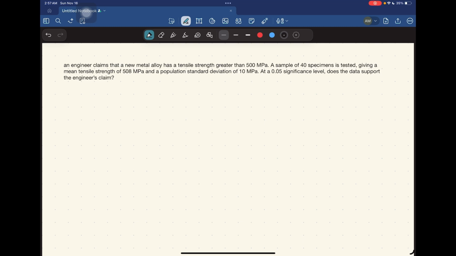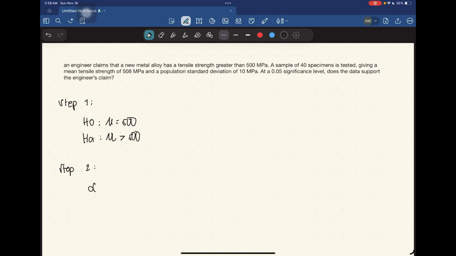So as usual, ang unang step natin ay state the null and alternative hypothesis. Ang null natin is equals to 500, while ang alternative natin is greater than 500. Next step, determine the level of significance at saka yung direction of the test.